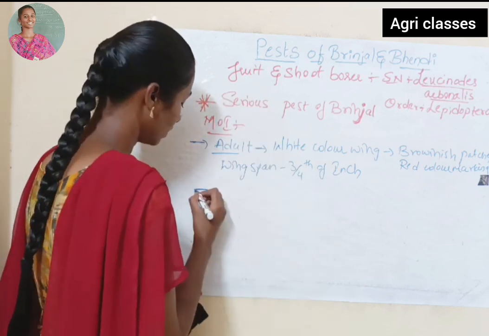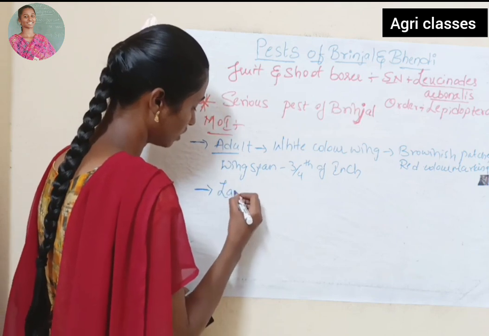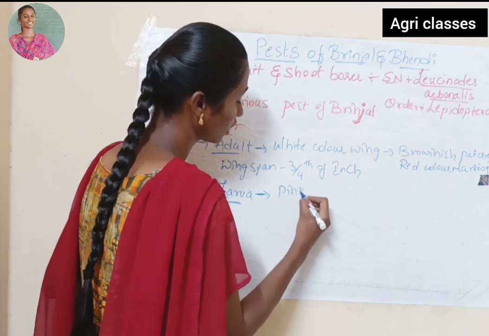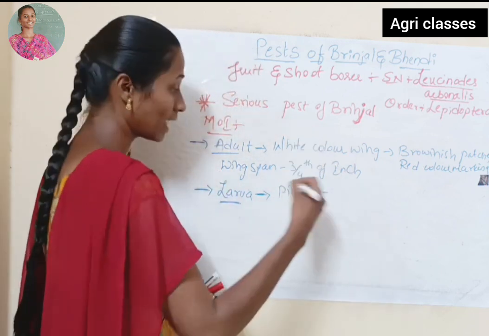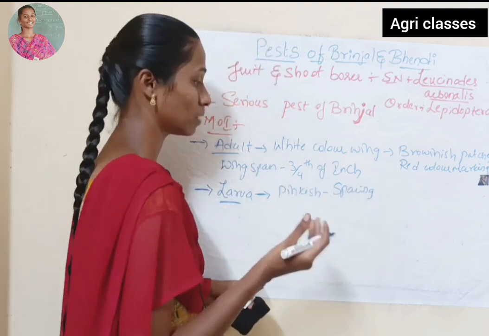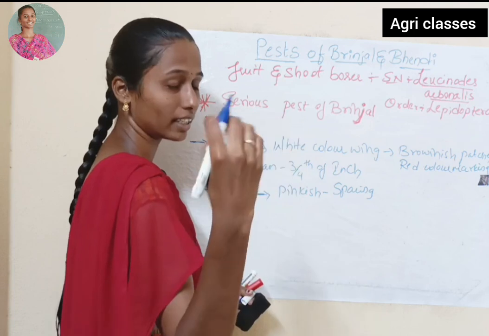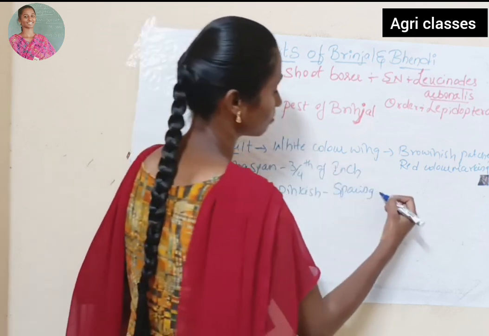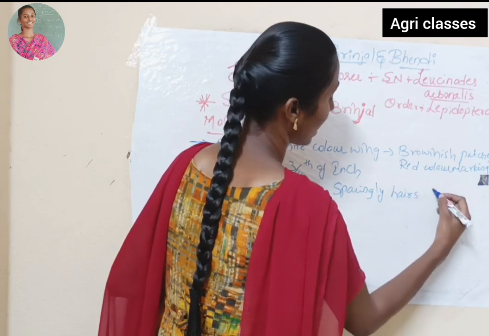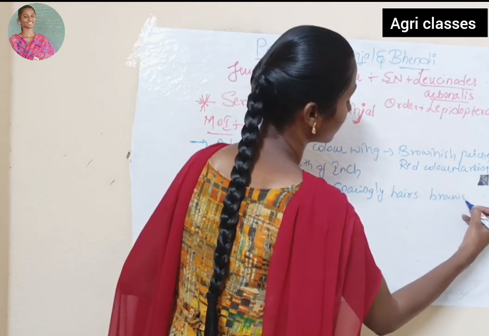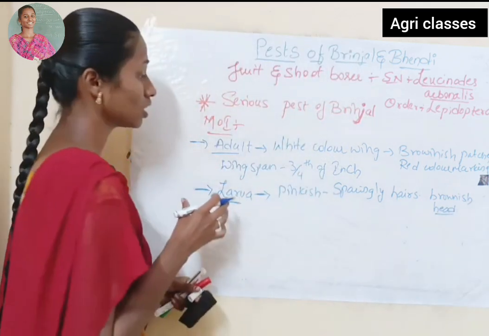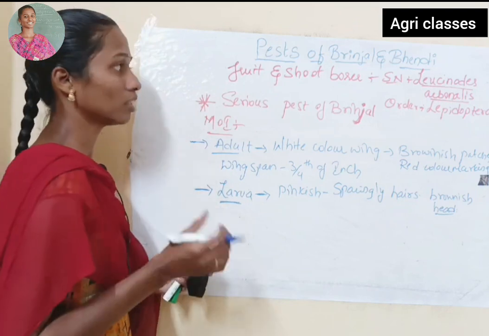And the larva: fully grown larva is pinkish in color, having sparse hairs, that is, we can observe the hairs in small number, and a brownish head. Okay. So these are the marks of identification of the fruit and shoot borer.